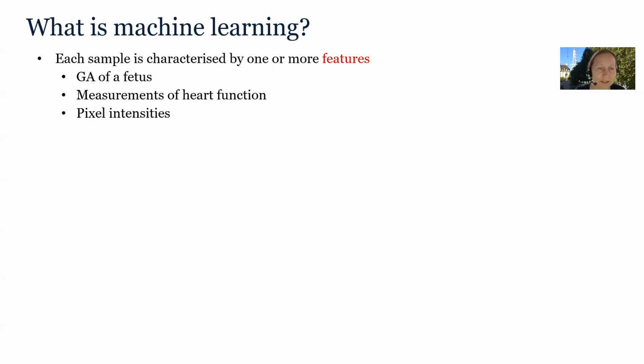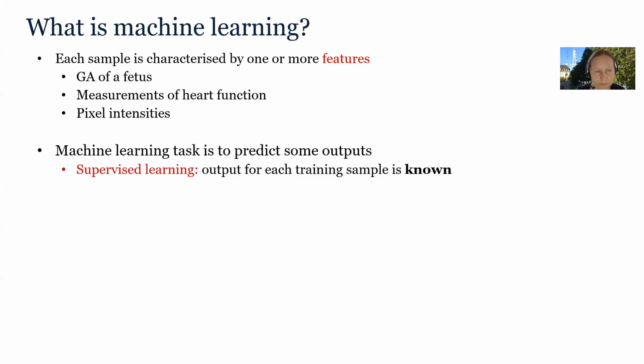Each sample is characterized by one or more features, and these can be gestational age of a baby, measurements of heart function, or pixel intensities, or many other possibilities. Then the machine learning task is to predict some outputs from these features. And these outputs might be known for each training sample, and then we talk about supervised learning.